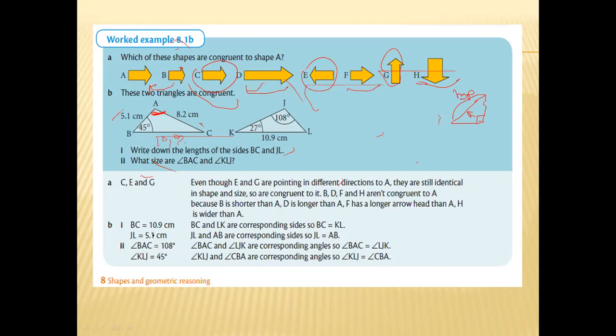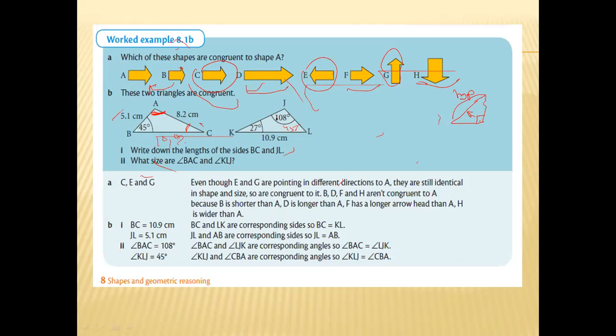And JL is equal to 5.1. Why? Because here we don't know this angle and we don't know this angle, but we know the angle of L. What's the angle of L? It's 45, because the interior angles of a triangle must add up to 180.